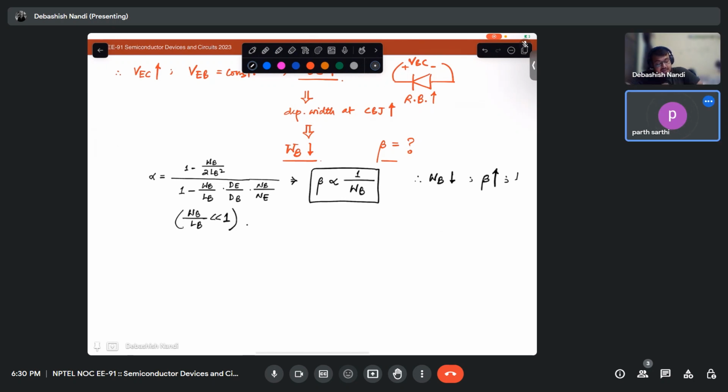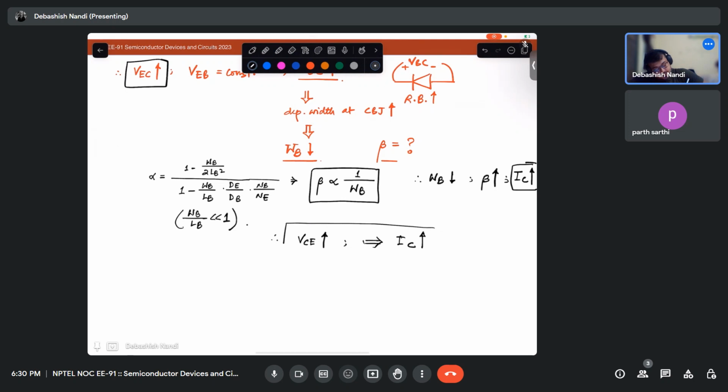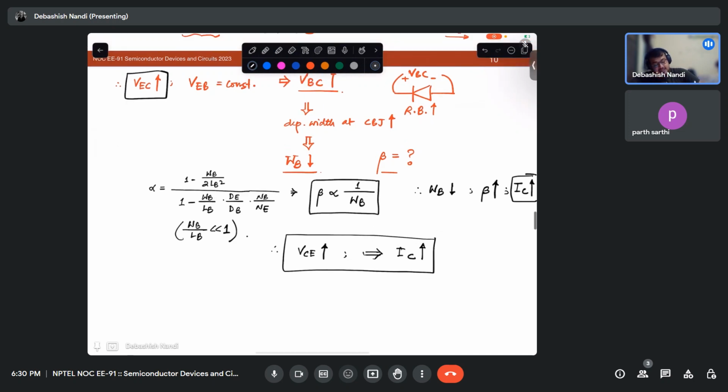What if beta is increasing? IC is increasing. That means we have started from here and we are reaching here. So your VCE increment will lead to an increase in IC, and it is due to the variation in base width, or modulation in base width.